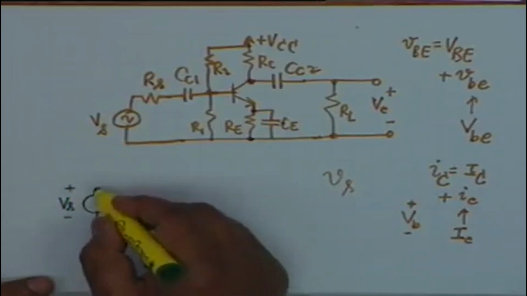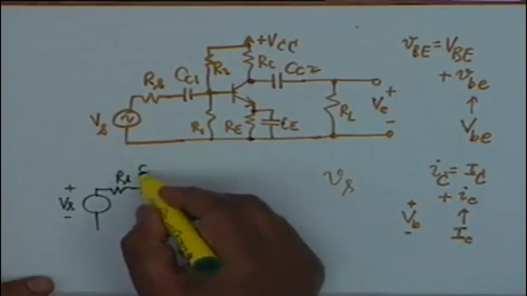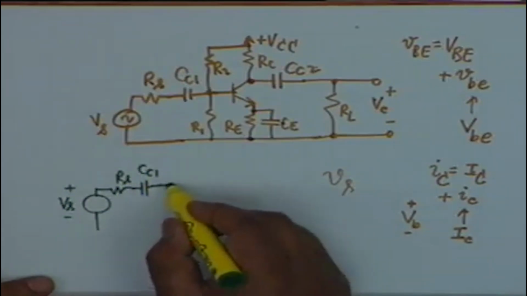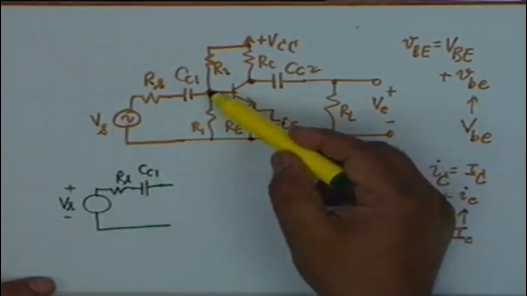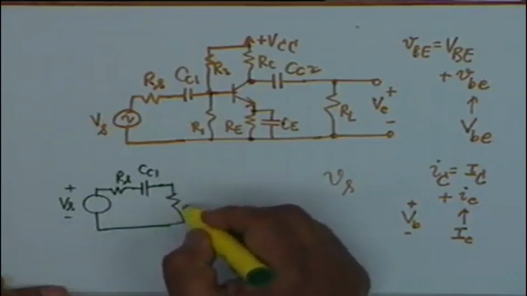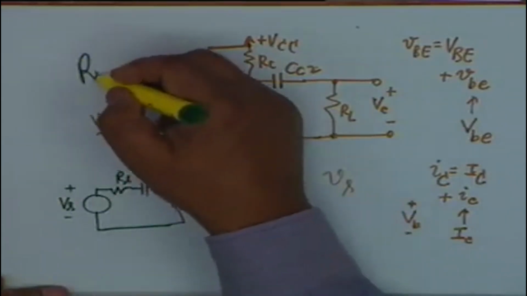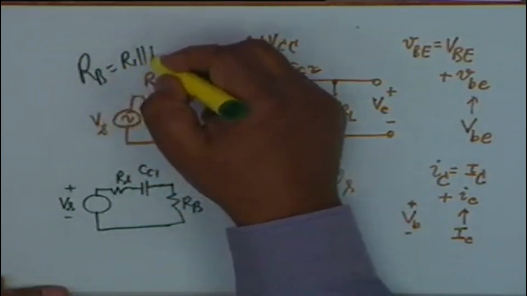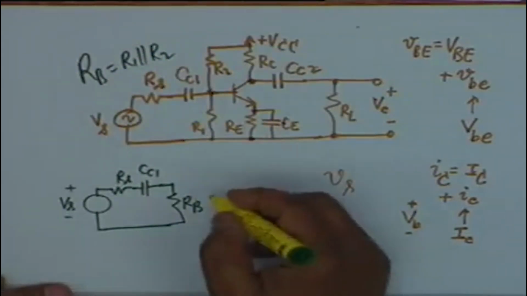So Vs, then an Rs, then a CC1, the coupling capacitor, and then as far as AC is concerned, from this point to ground, R1 and R2 come in parallel, and we have chosen to call R1 parallel R2 as capital R subscript capital B, RB. RB is the parallel combination of R1 and R2.